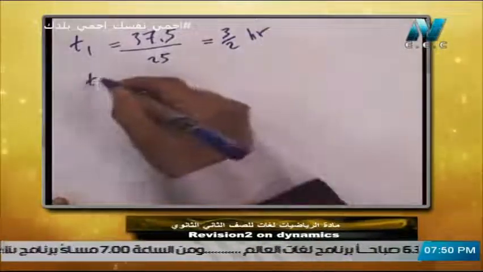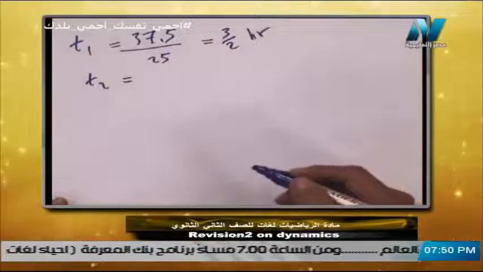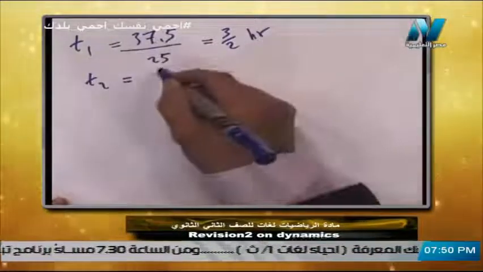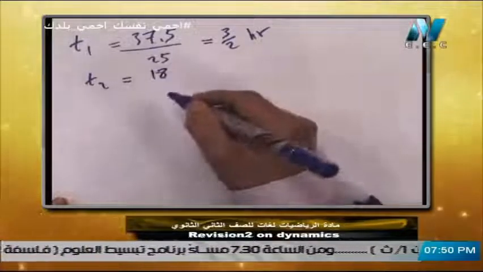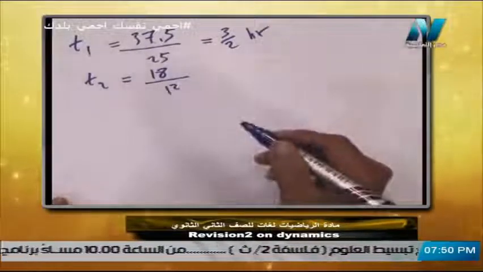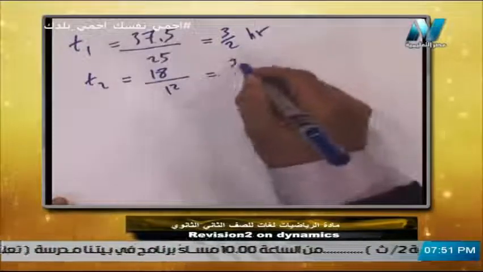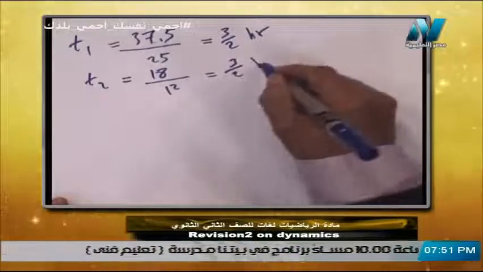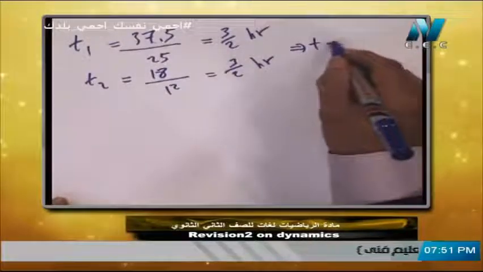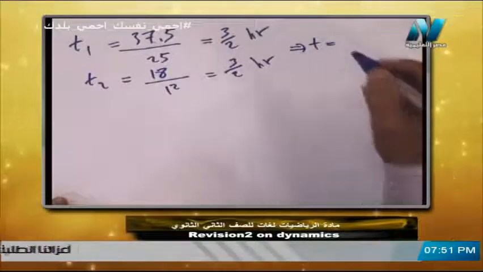And we must find T2, which is the second time, in which it covered 18 kilometers using velocity 12 kilometers per hour. So the answer also equals 3/2 hours. So T equals the sum, which is 3 hours.